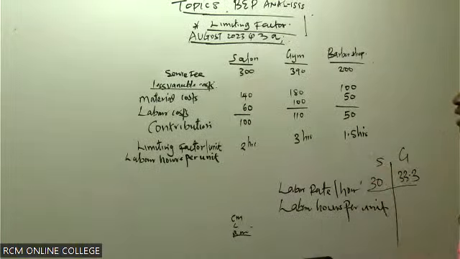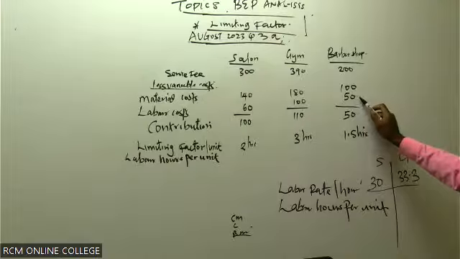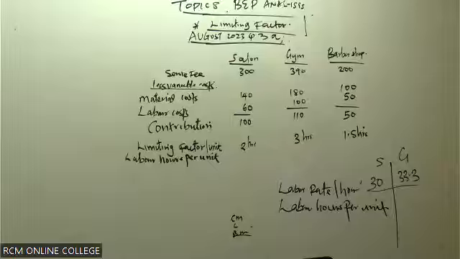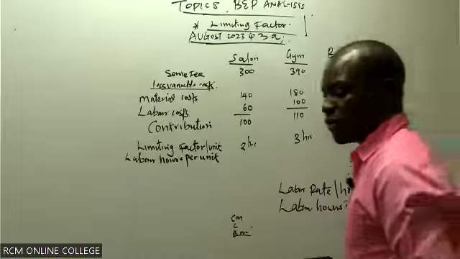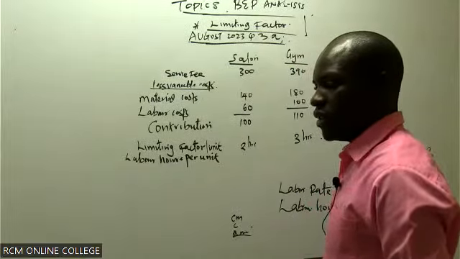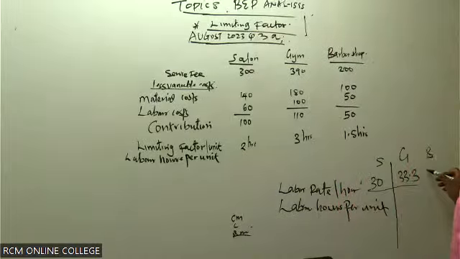How about this other side? The labor cost is 50. They have taken 1.5 hours to pay for this. So how much is the labor rate for the barber shop? 50 divided by 1.5. It is also 33.3.